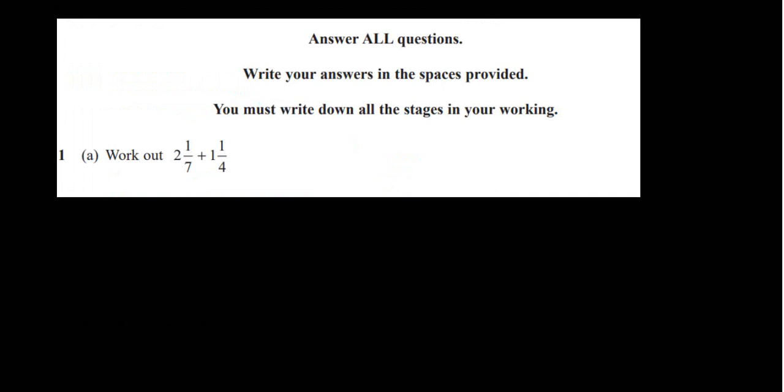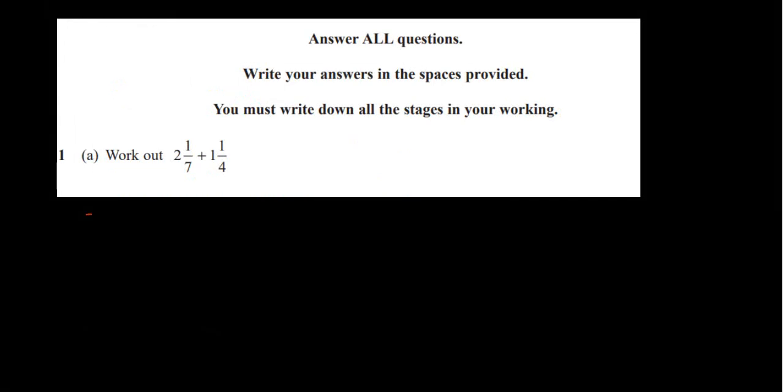So we are adding. It says work out 2 and 1/7 plus 1 and 1/4. We've got two mixed numbers, so we're going to convert the mixed numbers into improper fractions first. You can do this another way, but this is my preferred way.